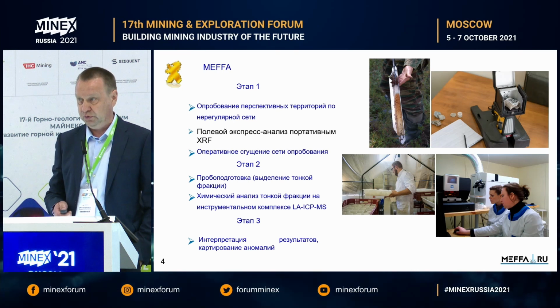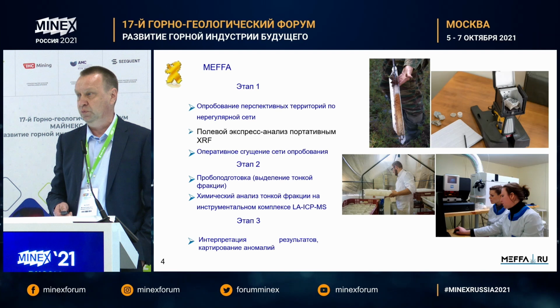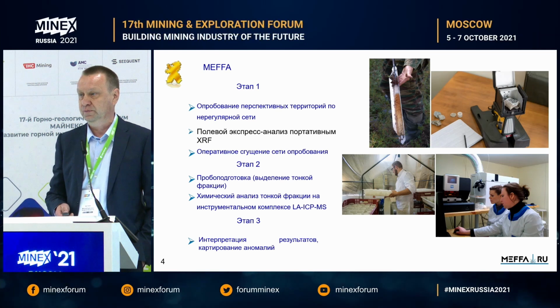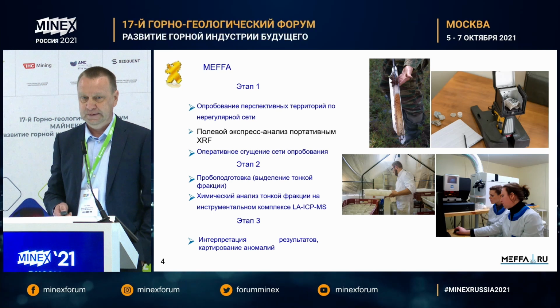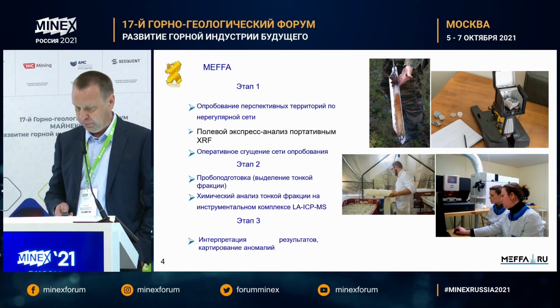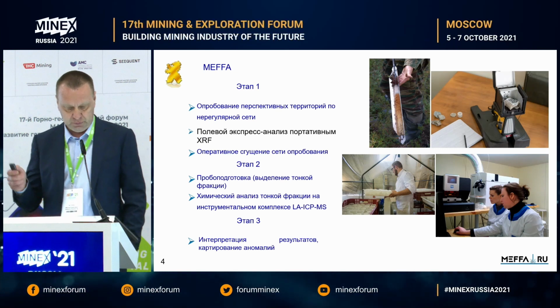In the next phase, we conduct preparations. We reduce samples down to 5 to 6 grams, and then in a backpack you can take them to the laboratory. We have a laboratory, the joint venture, located in St. Petersburg. The thin fraction is placed on a pallet.